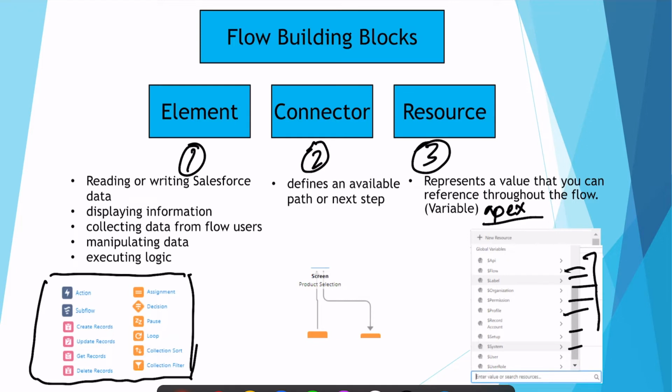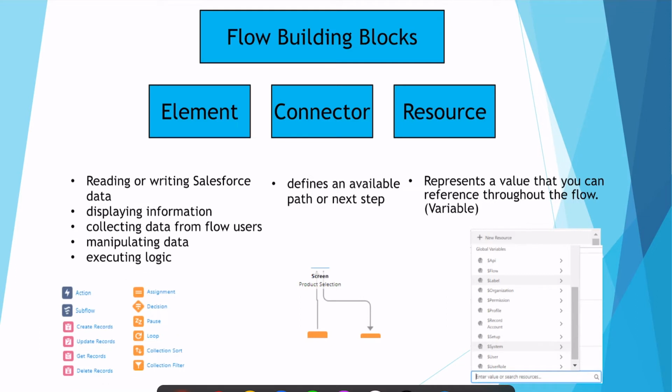You may see these resources in formula fields also. They work the same way here. Like flow provides the current execution values, and the others also provide the required values accordingly.